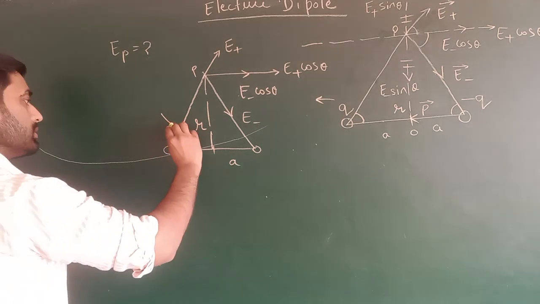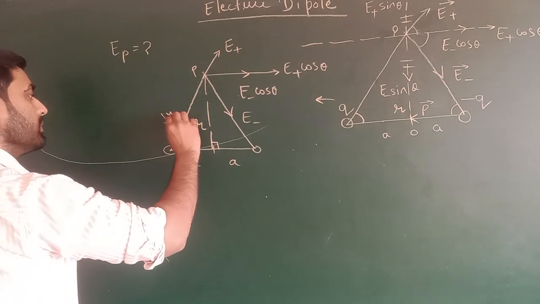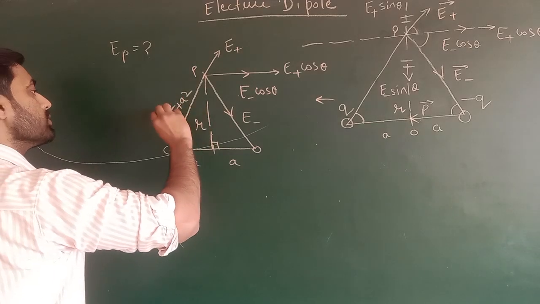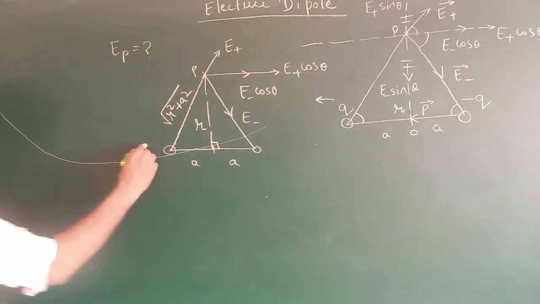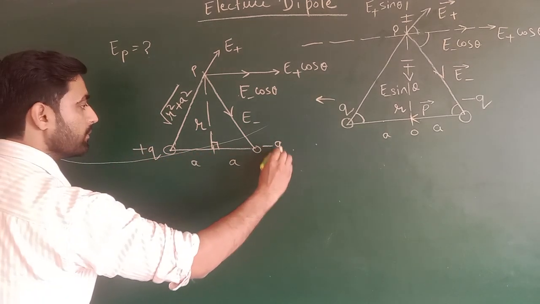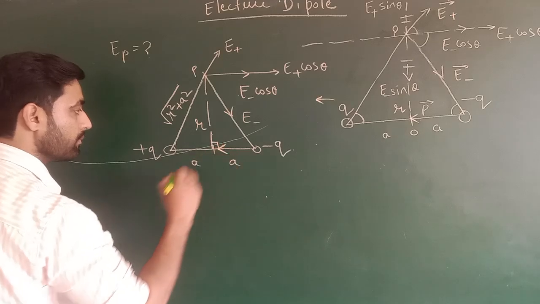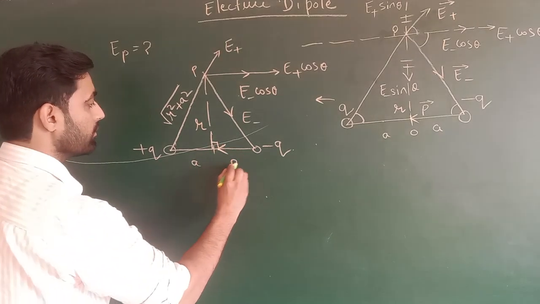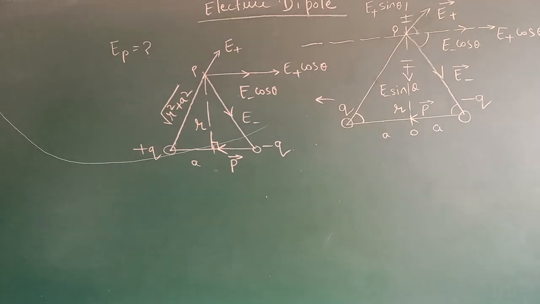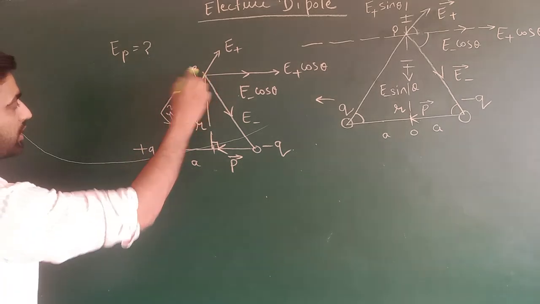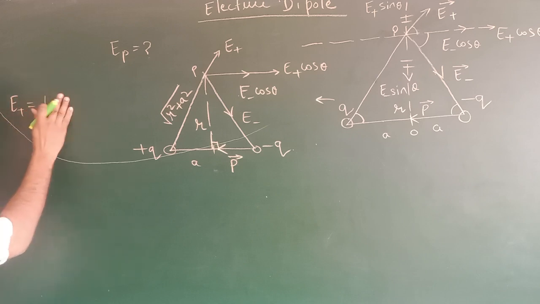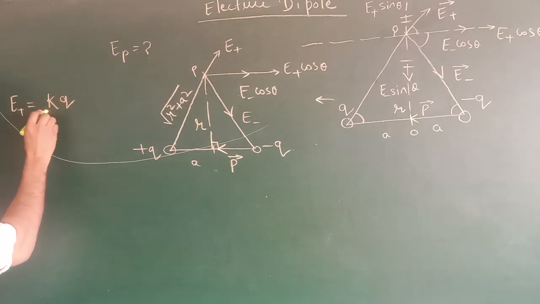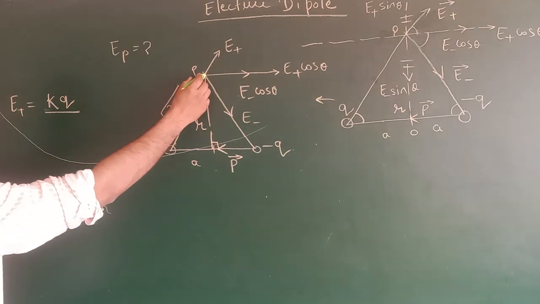Okay, this is hypotenuse. This will become root of r square plus a square. Electric field due to plus q charge at point P is kq divided by r square plus a square, this distance square.